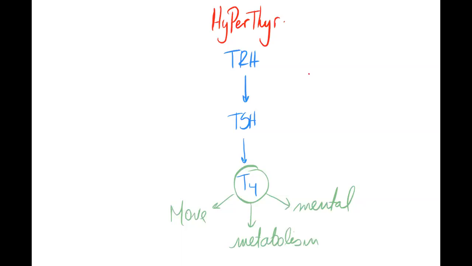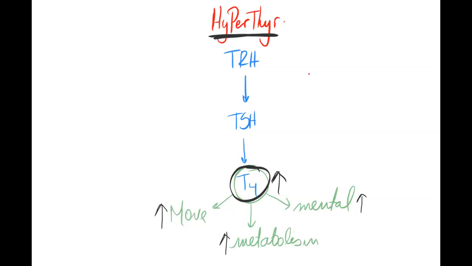So if we have any situation that gives us high levels of T4, we are going to get high levels of movement, high levels of metabolism, and high levels of the mental things. So when we get hyperthyroidism, we get high levels of T4.